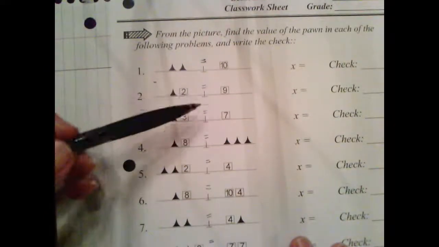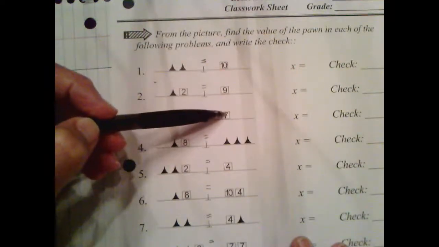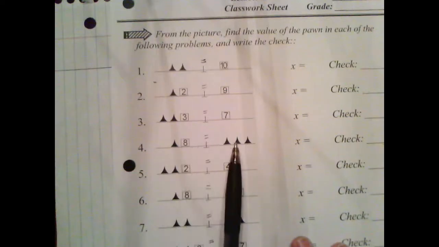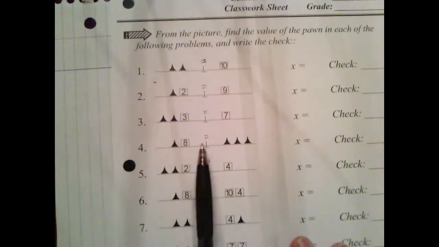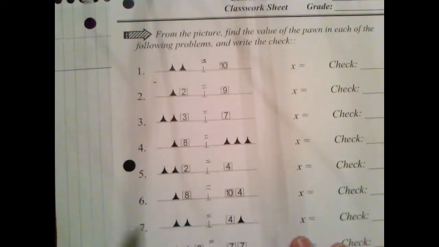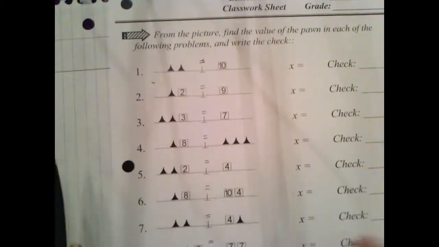You'll notice up until this problem, I haven't had any pawns on the right-hand side. Now I'm going to have pawns or x values on both sides of the equal sign. And when I have that situation, it's a little more challenging, but I think you know how to do this.